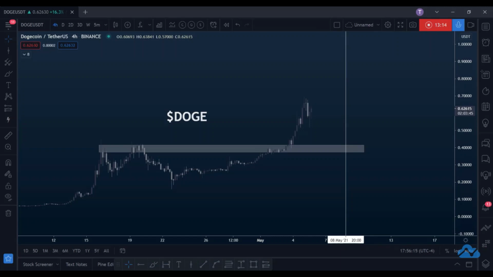Now, an important thing to understand about markets is that there's this idea of fair value.